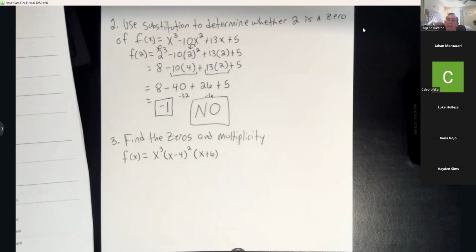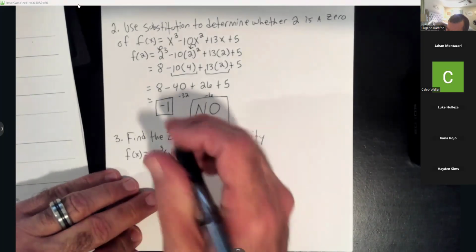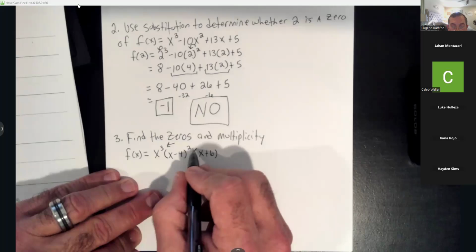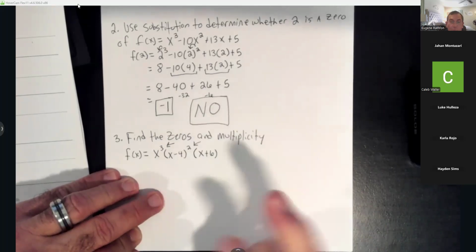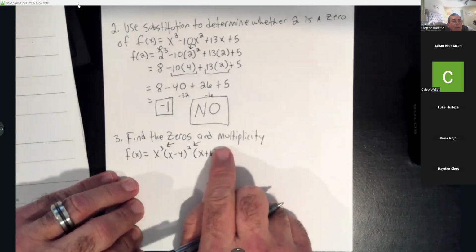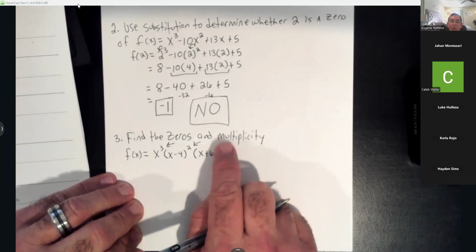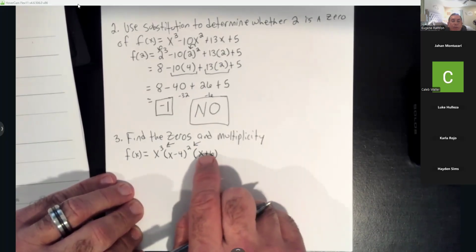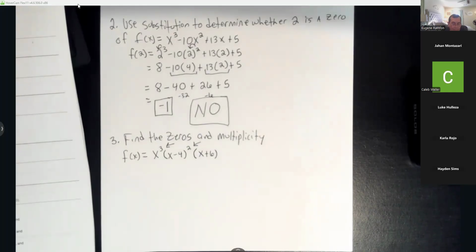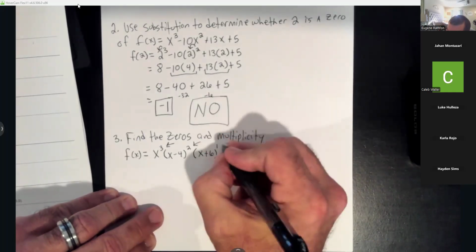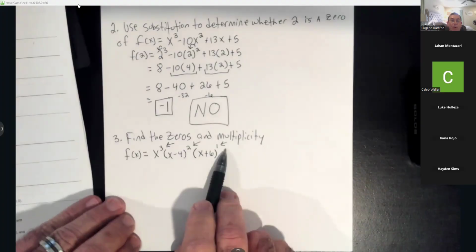So the exponents give me my multiplicity. So the x has multiplicity 3. The x minus 4 has a multiplicity 2. And y'all, this one don't have an exponent out here. So y'all can chat me this answer. But what exponent would I put out here for the x plus 6 factor? All right, good job. That'd definitely be a 1. All right, so those are the 3 multiplicities.